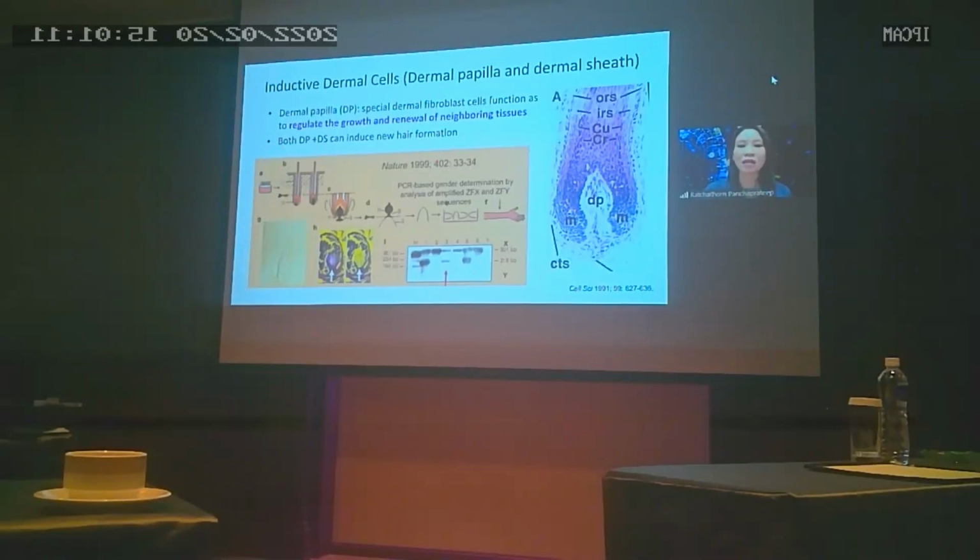The study removed dermal papilla and dermal sheath from women and implanted them into the forearm of men. After that, hair was induced, and when they checked, the genes came from the women. So this shows that dermal papilla and dermal sheath have a regenerative property.